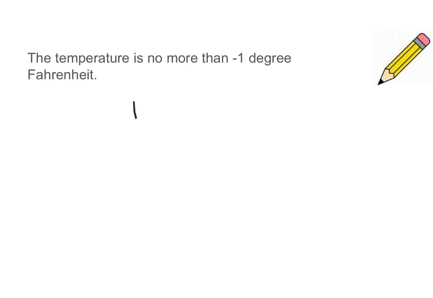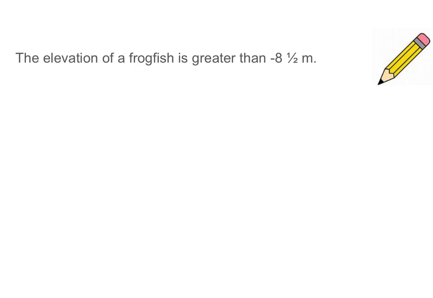So we'll say T for temperature is no more than, that is less than or equal to, negative 1. The elevation of a frogfish is greater than negative 8.5 meters. So let's say F for frogfish greater than negative 8.5.